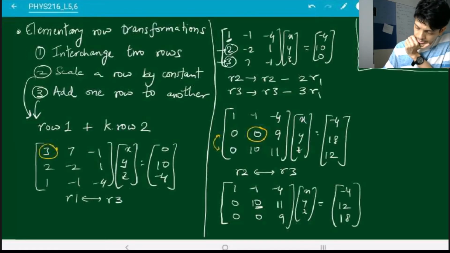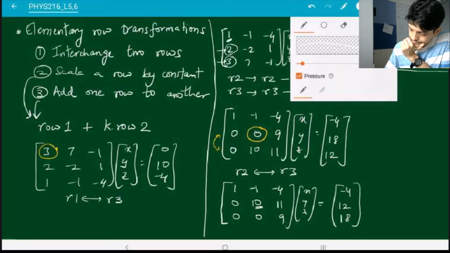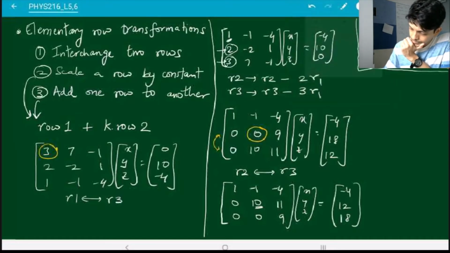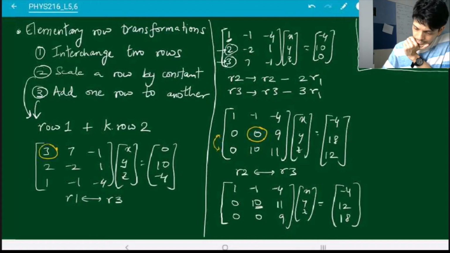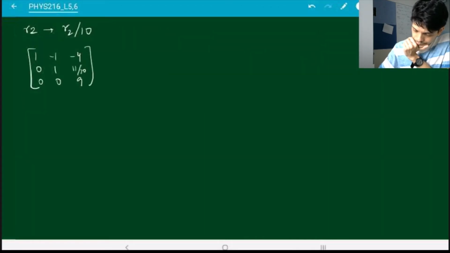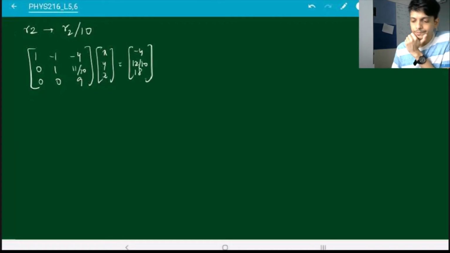So then I get 1, minus 1, minus 4, 0, 1, 11 tenths, 0, 0, 9. Minus 4, 18 and 12 tenths. So I got a 1 over here, I'm happy.